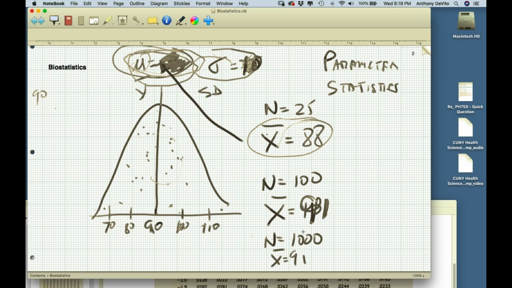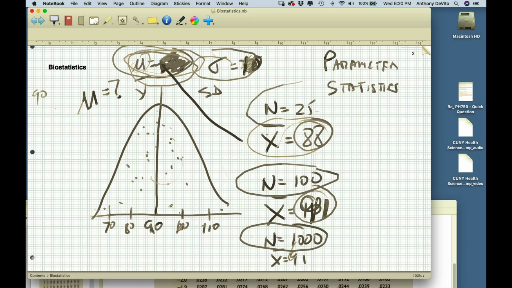The problem here is that no matter what size sample I take, I'll never know what mu is. It's always going to be an unknown to me, right? So it would be good if I understood how much it would help me to take a sample size of 1,000 versus 100 versus 25.